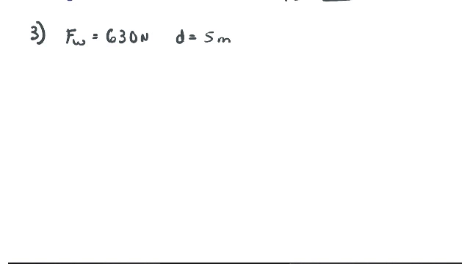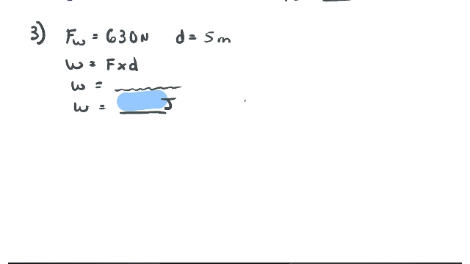If we're looking at work, it is force times distance. So you have to put in your substitutions, and then you have to give me what the work done would be right here. For part B, it says, what is the increase in potential energy of this person?